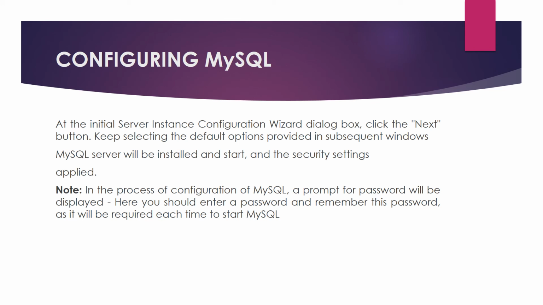If the configuration does not encounter any errors, then information will be prompted that the configuration file was created. MySQL Server was installed and started, and the security settings applied. In the process of configuration of MySQL, a prompt for password will be displayed. Here, you should enter a password and remember this password as it will be required each time to start MySQL.